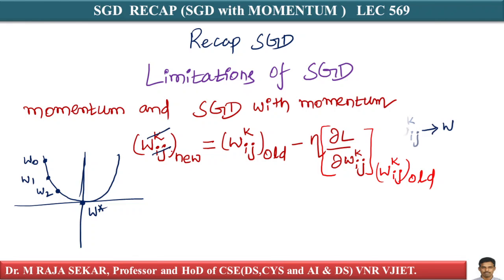This is your standard update equation: W_kij new equals W_kij old minus eta into dou L by dou W_kij.